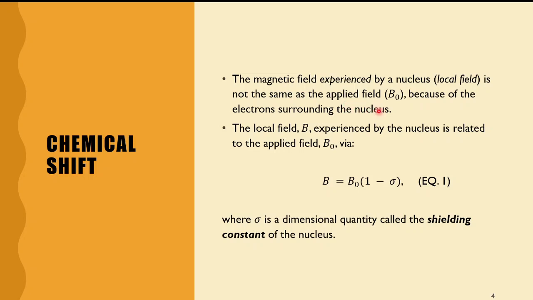If all the atoms in a molecule experienced the same applied magnetic field, disregarding their electronic surroundings, then for every molecule you put inside the NMR spectrometer you would just see a single line.